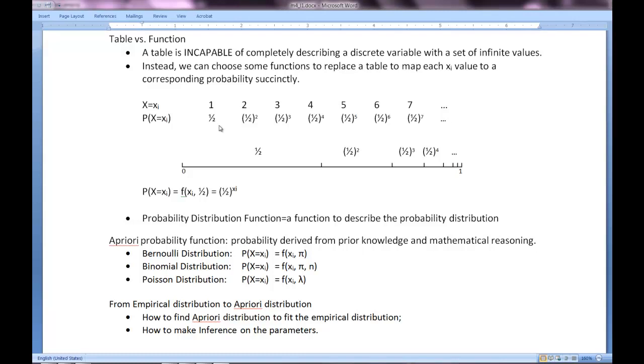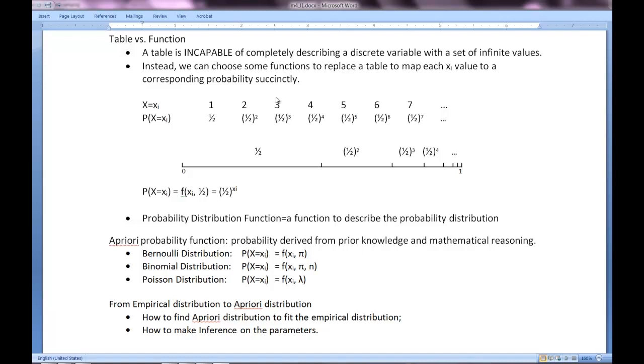Also notice there's a very nice relationship between the value and the probability, which is the probability is simply 0.5 raised to its corresponding value. So you can verify here for the chance of two customers appearing is half raised to the power of 2.